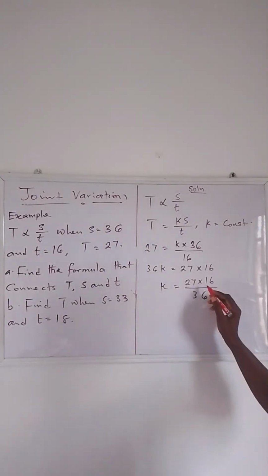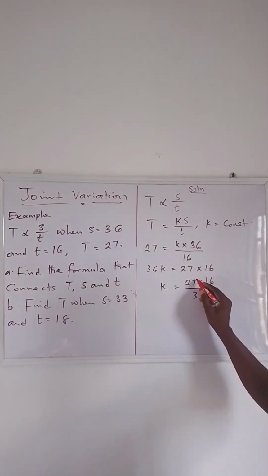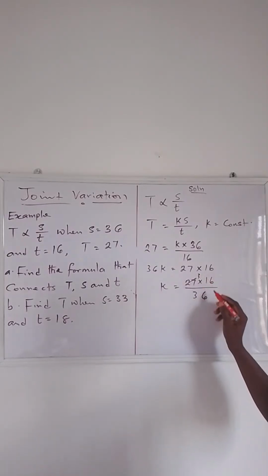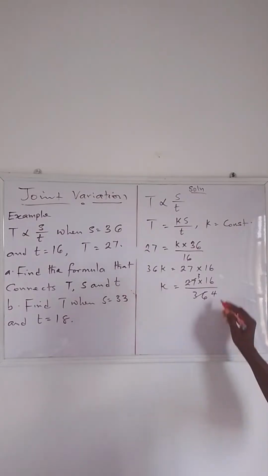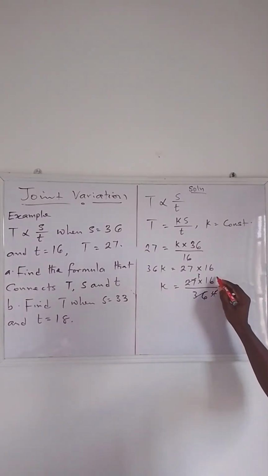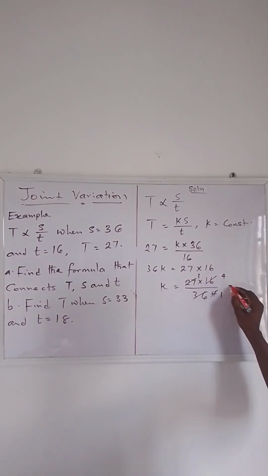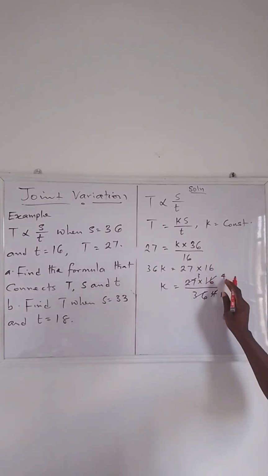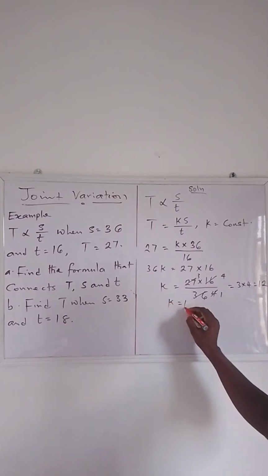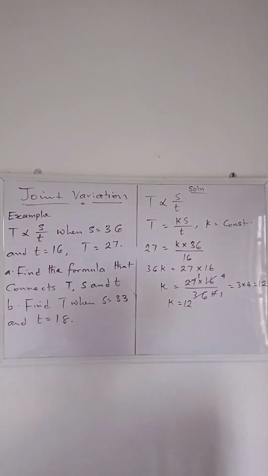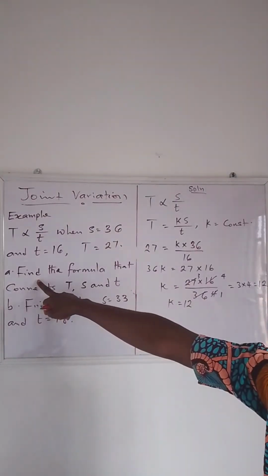Now you can see 9 goes here 3 times, and 9 goes here 4 times. Okay, 4 goes here 1, 4 goes here 4. We are left with 3 and 4, so we have 3 times 4. That's 12. So K is 12.